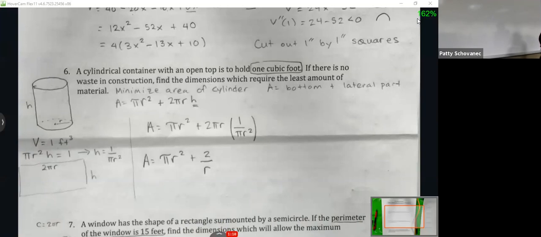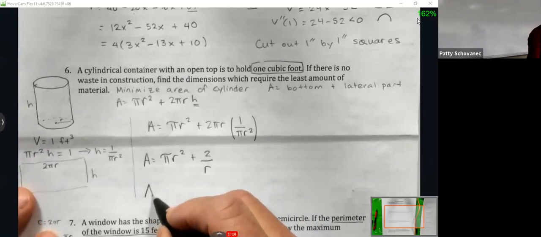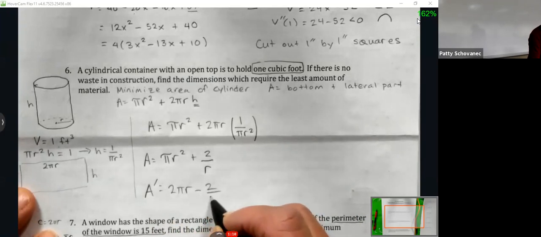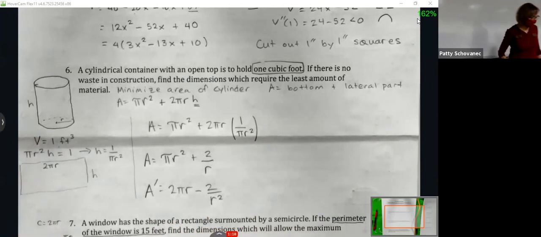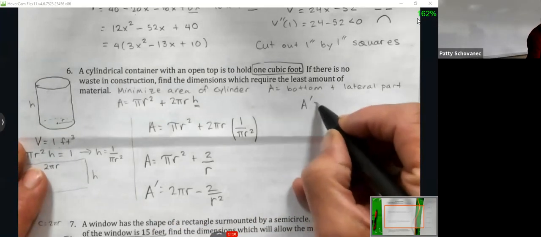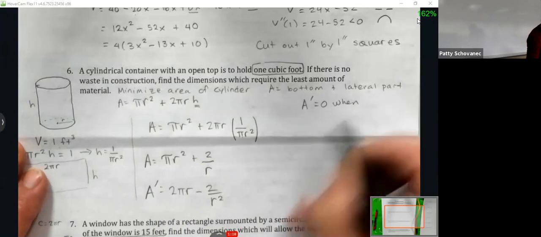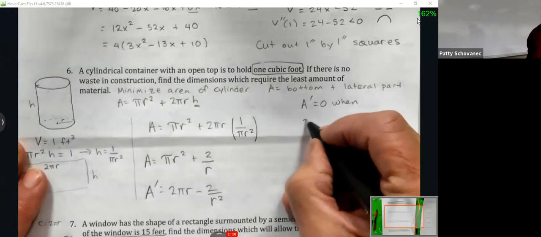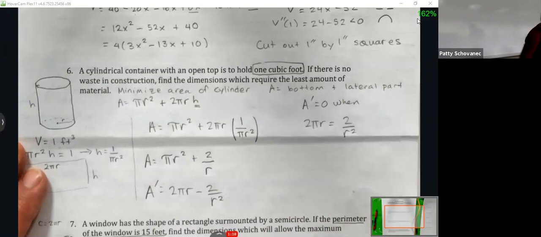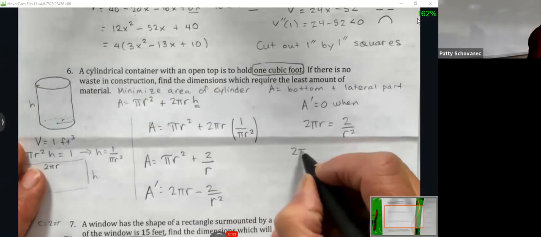The rest is calculus. Take the derivative from here. 2 pi r minus 2 over r squared. Set that equal to 0. If that's equal to 0, I can move the 2 over r squared over. Multiply both sides by r squared.